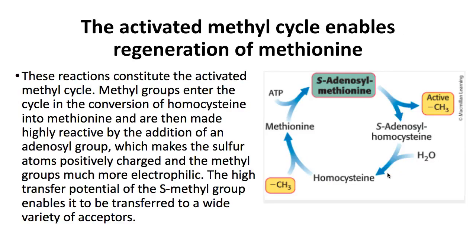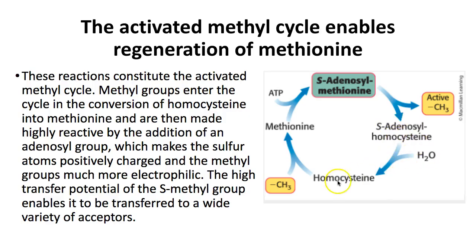And so from there, this methyl donor actually goes through a methyl cycle that helps keep regenerating methionine. So when you have that active methyl group that leaves off, remember again, you form that S-adenosyl homocysteine.